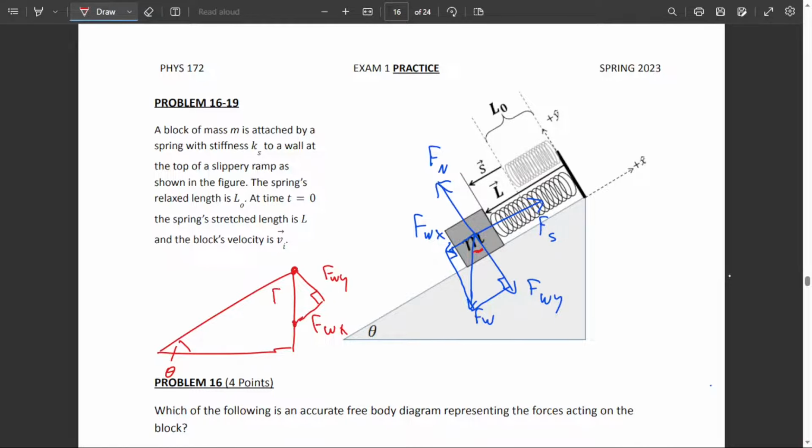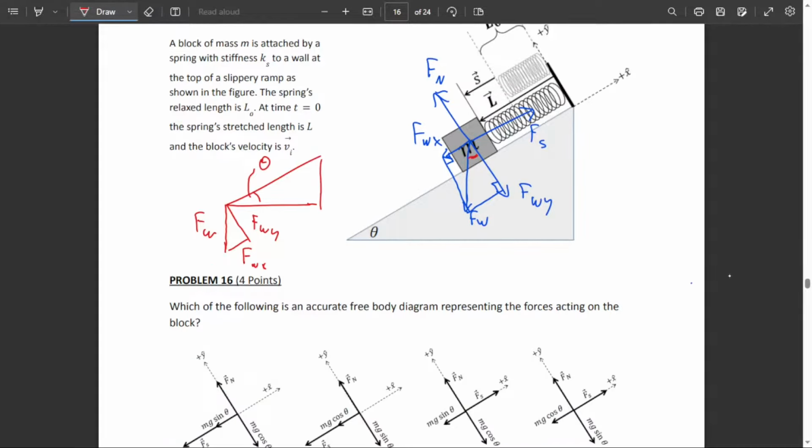Then right here is just the force of weight. And then from here, this is hard. Alright, here we go. Now I've got it. Alright, so we got our three forces, FWY, F of W, and FW of x. And then this is a right angle. And this is a right angle.